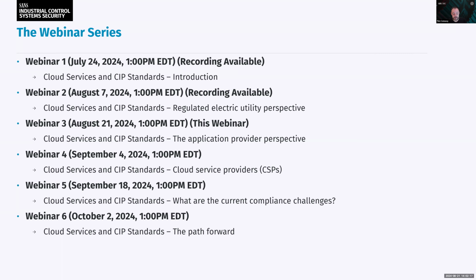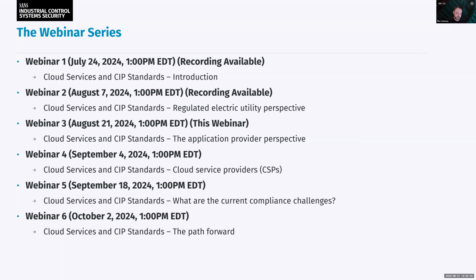A number of things have changed in CIP-004 and CIP-011 on January 1st, to help organizations move into this path, recognizing the reality that this has occurred. In many cases, the entity can provide evidence, but they could also support and stack that evidence from their provider. So if anyone with us today would like to add some comments, I open it to you.